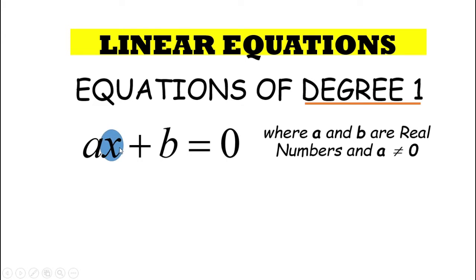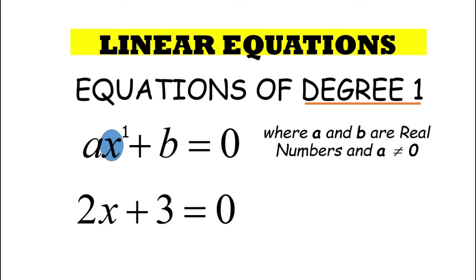Now we learned in our previous math lessons that if a variable has no visible exponent, it is understood that its exponent is 1. That is why this equation is of degree 1. Now for an example, 2x plus 3 is equal to 0, where a is equal to 2, b is equal to 3.